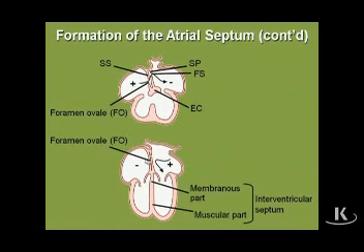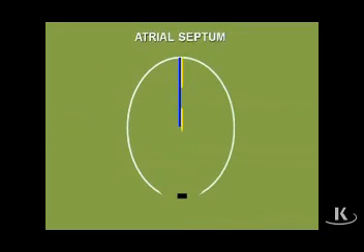So now things can go wrong in this septal development, and when they go wrong, they can lead to an atrial septal defect. And there are two major categories of atrial septal defect. Let's look at the first. We said that normally the septum primum grows down, fuses with the endocardial cushion, thereby closing off foramen primum.